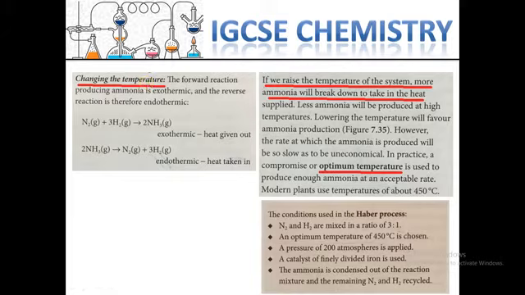So the forward reaction is exothermic, that means heat given out, and the reverse reaction, that means breaking down ammonia, is endothermic, that means heat taken in. So you can see if we increase the temperature, that is not good, because ammonia can be broken down easily.